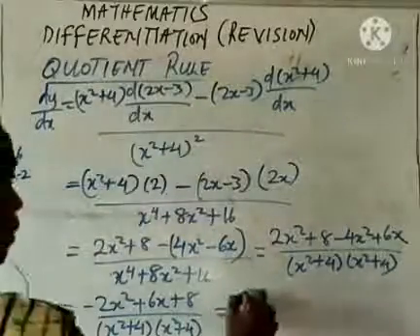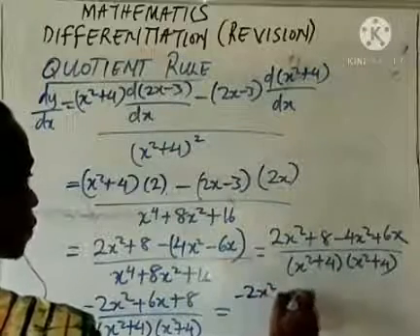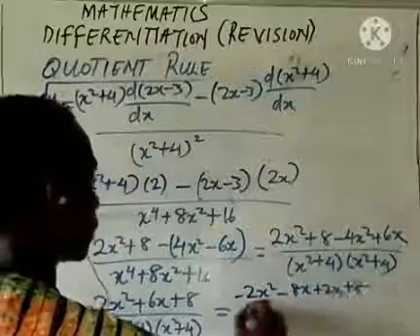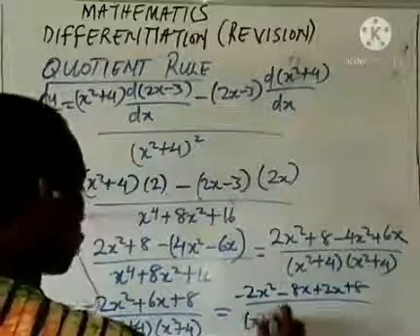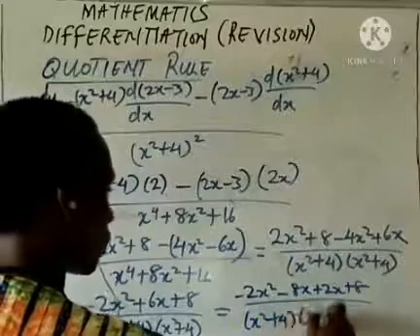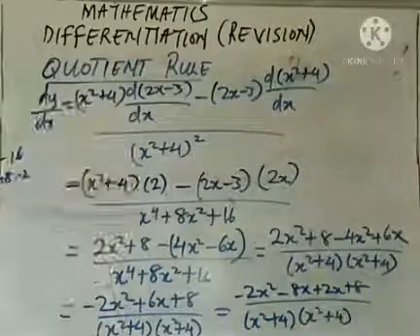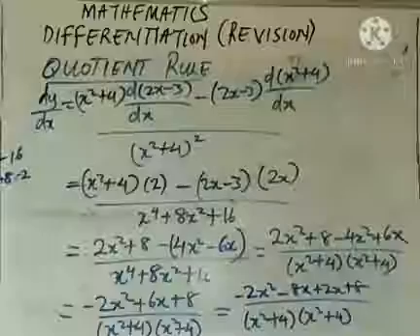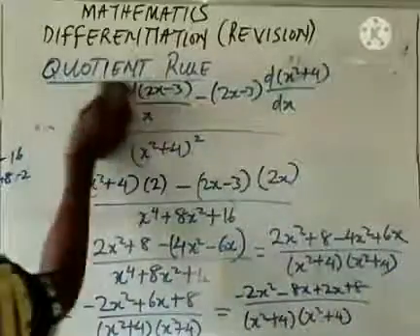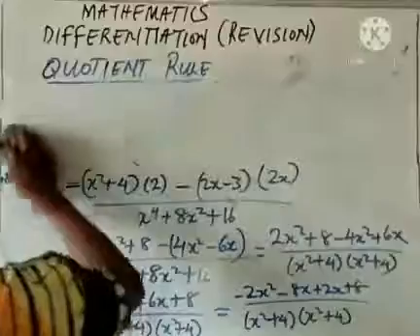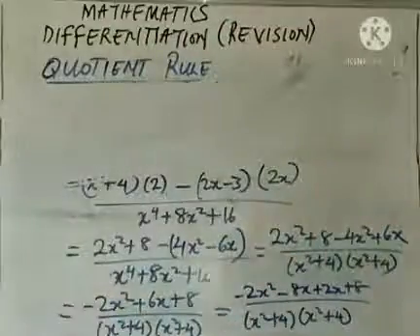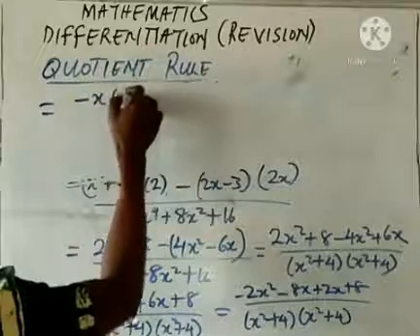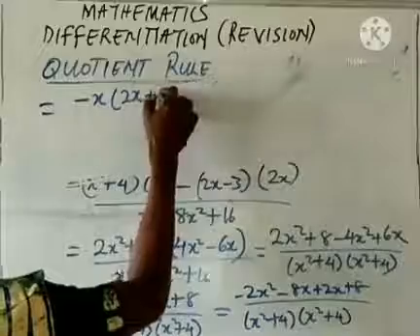So let's check that. Minus 2x squared minus 8x plus 2x plus 8, all over x squared plus 4 all squared. Let's see if it is factorizable there. From there, I'll have something in common. For the first one, minus x gives me 2x plus 8.